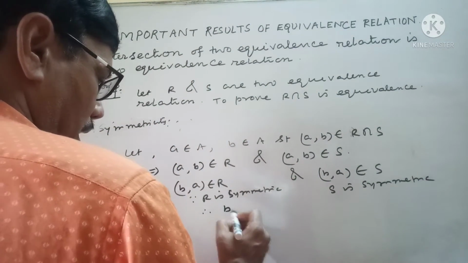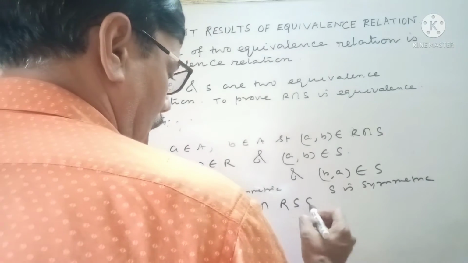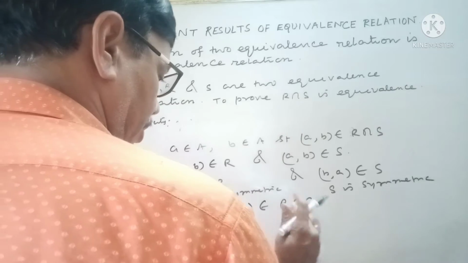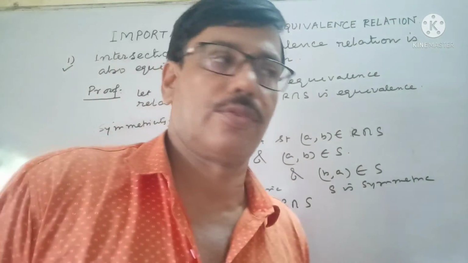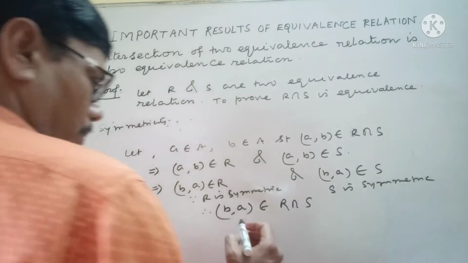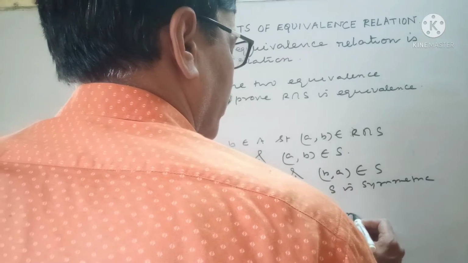Therefore, the ordered pair (b, a) belongs to R intersection S. So, R intersection S is symmetric.